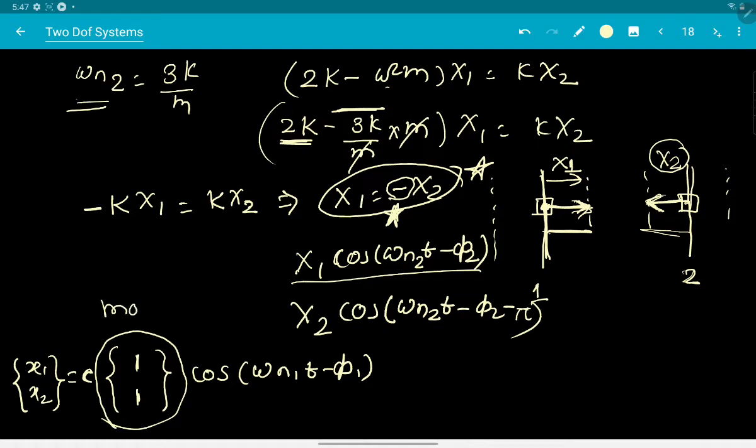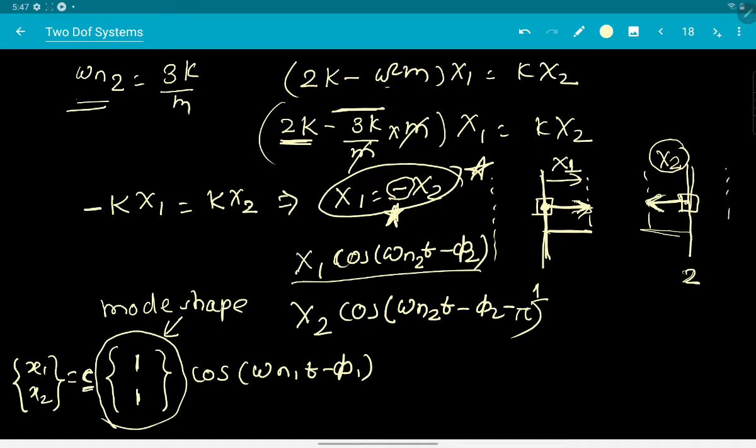This mode shape tells me the relationship between the amplitudes of the two masses. However, that is not giving me displacements. If you need to know displacements, you need to consider this C.